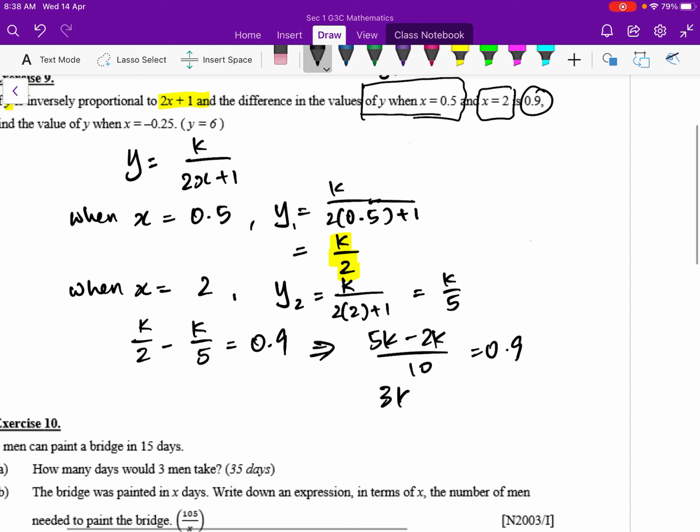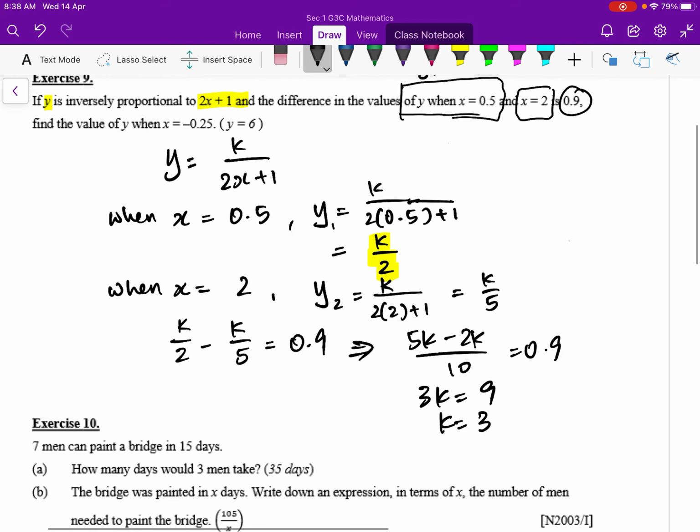So 3k equals 9, k equals 3. Now we have a value of k, and yes, it is positive. I wonder what happens if we swap it around, if I were to consider k to be negative. Maybe we can do that when we have time. But for now, k equals 3, I'm happy with that.